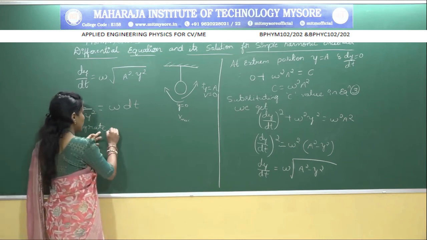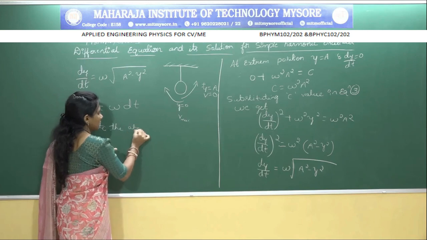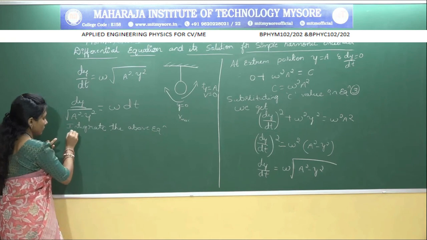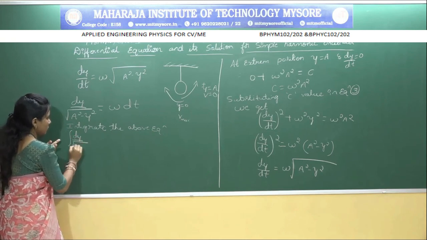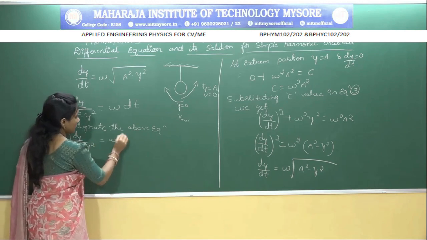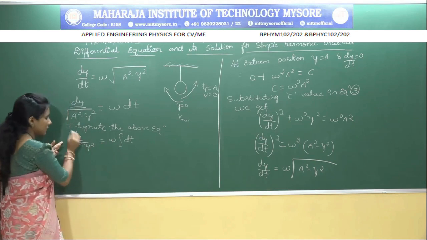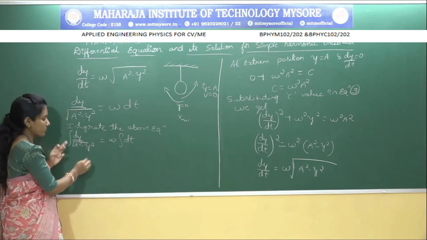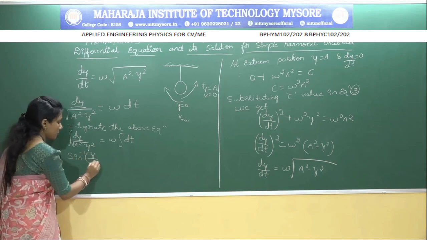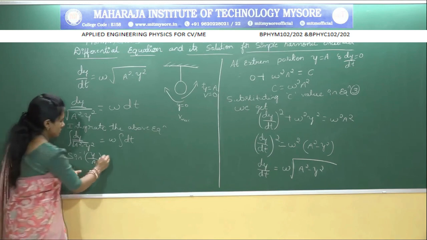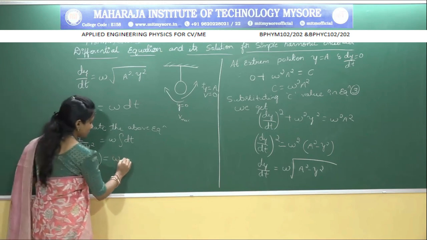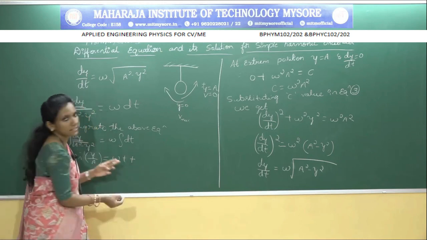The integration of dy by root of (a² minus y²) is, from trigonometry, the formula sine inverse of y by a. Then that is equal to omega into t plus the integration constant.